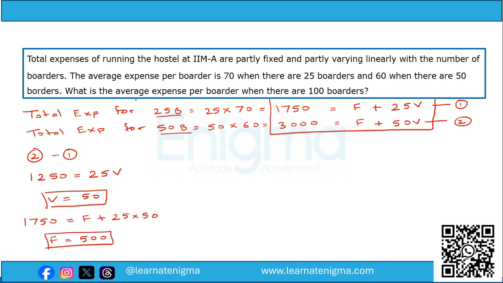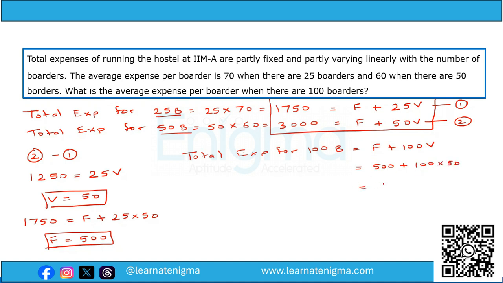Now we want the average expense per boarder when there are 100 boarders. So total expense for 100 boarders is equal to F plus 100 V. So F is 500 and 100 V, that is 5000.